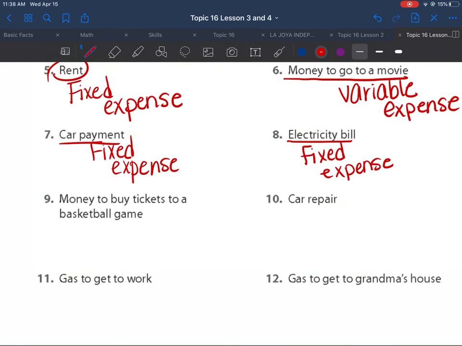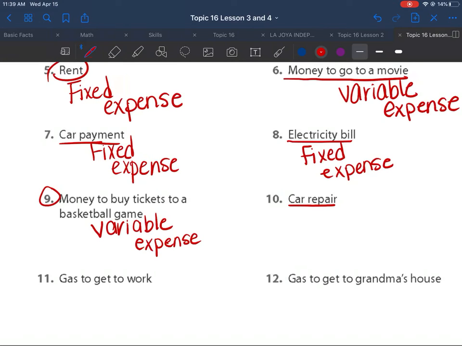Remember we talked about the summer months, or even right now, we're at home more, using more electricity, so the bill's going to be higher than when we are in school. Number 9, money to buy tickets to a basketball game. Do I always go to basketball games? No, not every month. So this is going to be a variable expense.